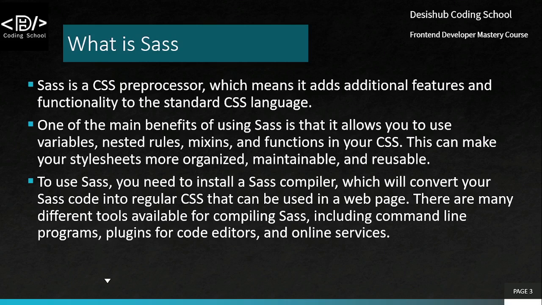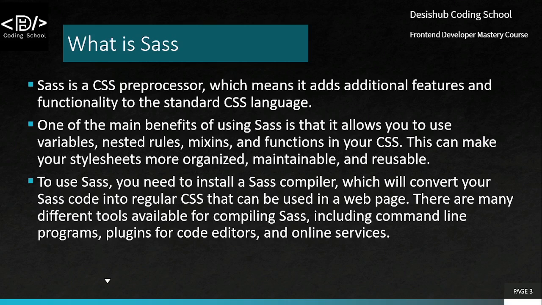It is simply a type of CSS, but adds more features and functionality. One of the main benefits is it allows us to use variables, nested rules, mixins, functions, and many others. This makes us more advanced and helps us handle the code in a more proficient way and be reusable, among other things that we are going to see.